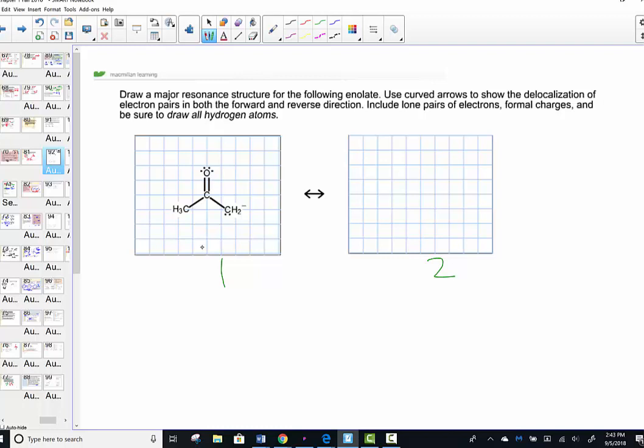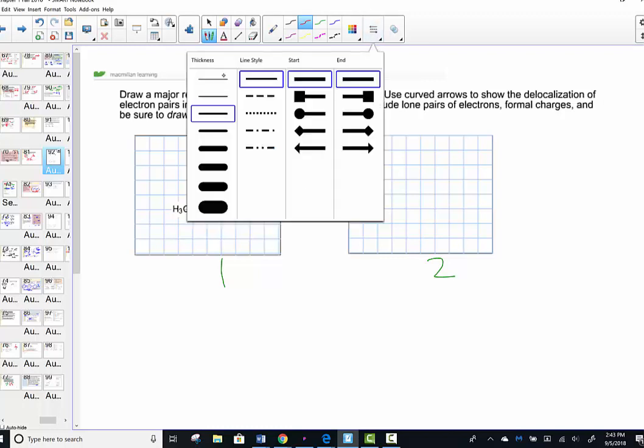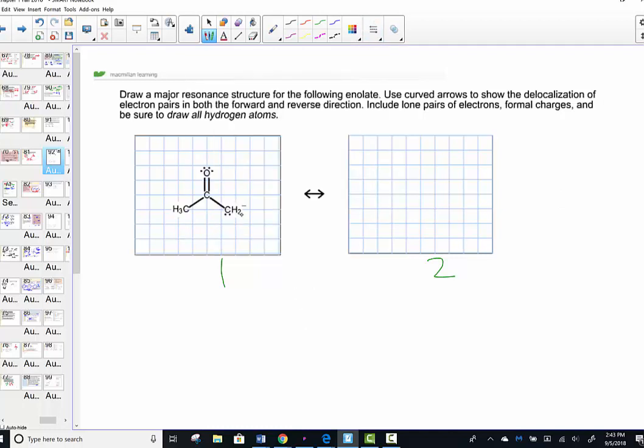So where do we see an electron-rich area? I see an electron-rich area where I have the negative on this carbon right here. The negative sign makes this the electron-rich area. So I'm going to originate my arrow to push those electrons to create a double bond between carbon and those two hydrogens.